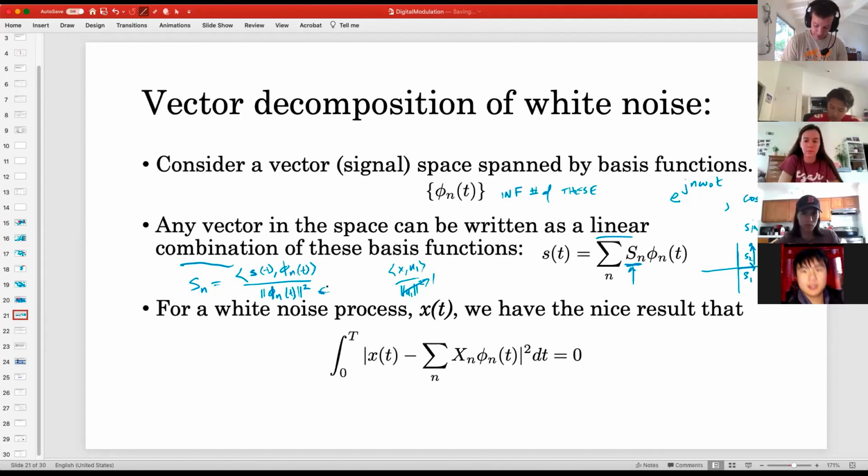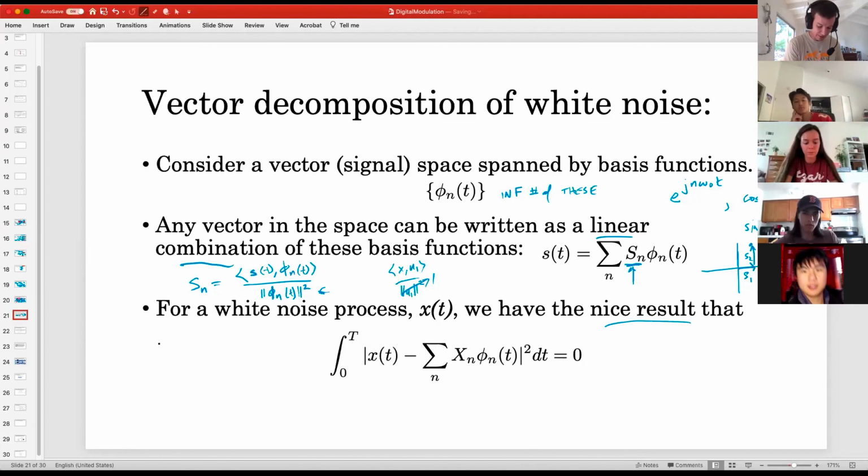Okay, so the part of this lecture that I'm just going to ask you to take on faith, because I don't think we're equipped to actually prove this at this point, is the following claim. And that is, if x of t is a white noise process, then the following holds.